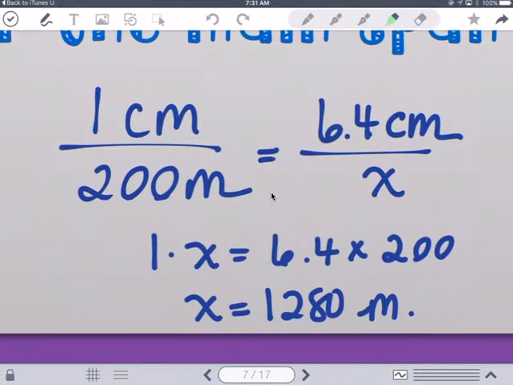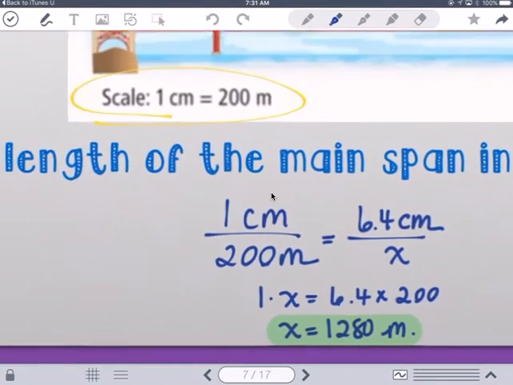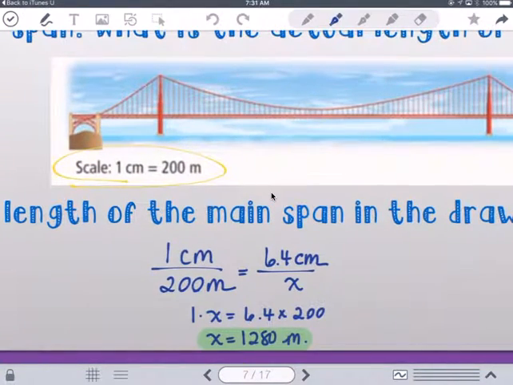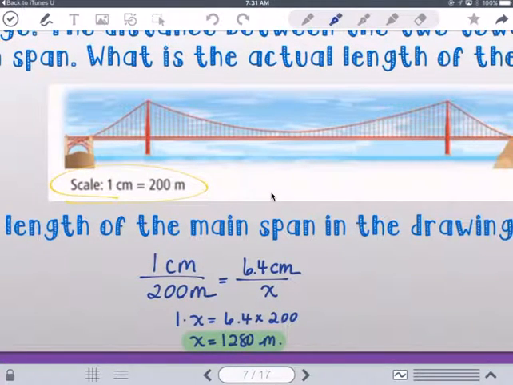Please make sure you use your units of measurement, so that's meters. So same thing that we did before, setting up with a ratio and solving for x. So the Golden Gate Bridge is about 1,200, 1,300 meters long. And remember, there are 3 feet in a meter, so you can kind of guesstimate that.